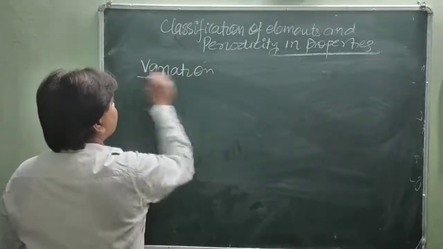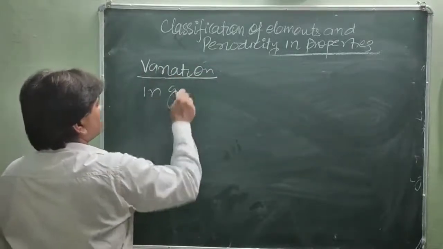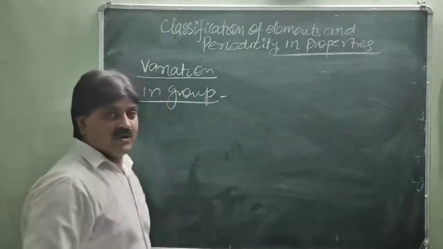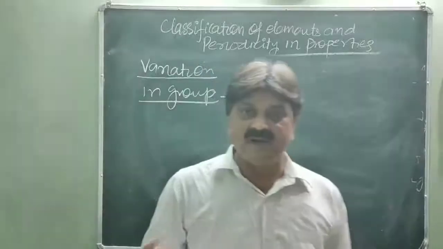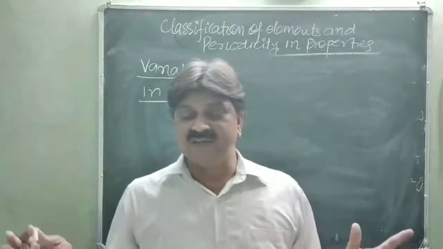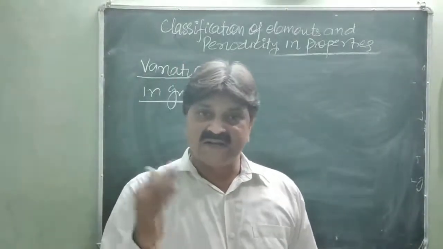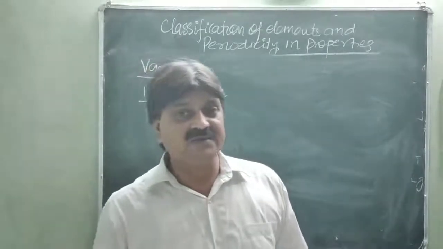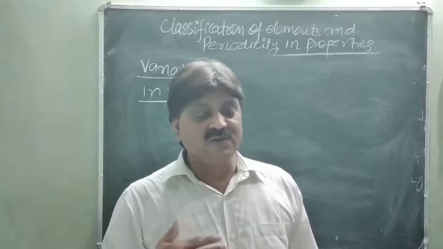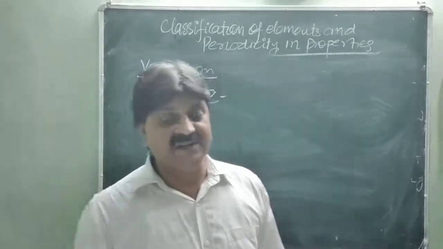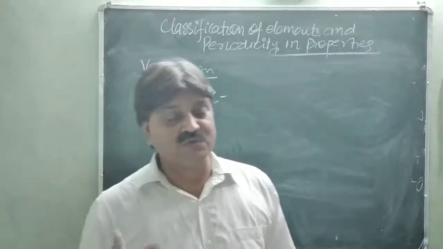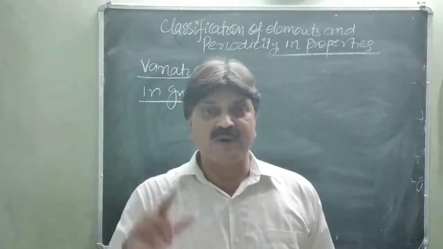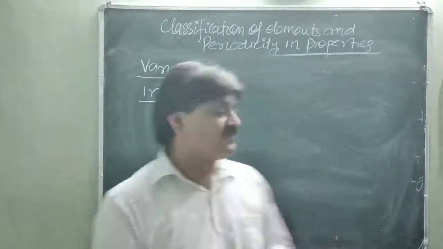First, in a group: when coming from top to bottom, what will happen? The size of the atom increases, so the accepting tendency decreases and the losing tendency increases. But according to the definition, adding an electron, the tendency decreases when coming from top to bottom. Due to this reason, the electron gain enthalpy decreases from top to bottom within the group.